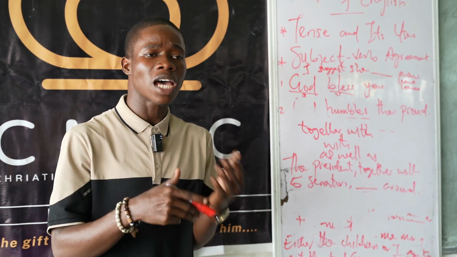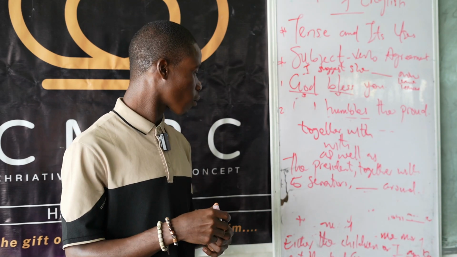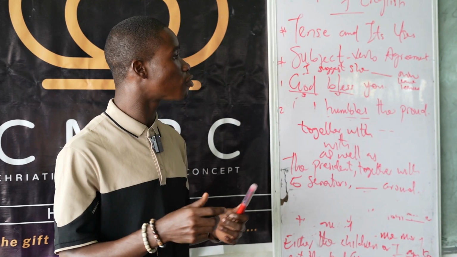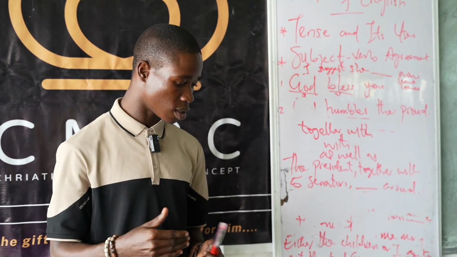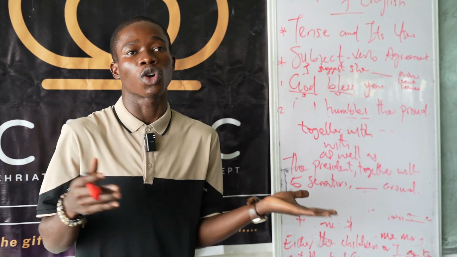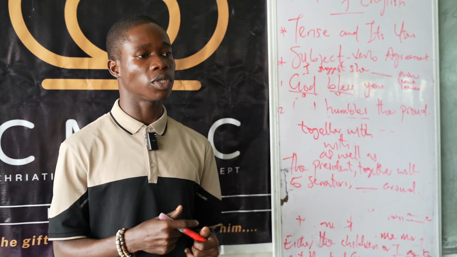Another aspect of this additional information is regarding the use of an article after another subject. Because we can have what we call a compound subject, that involves two subjects or two subject items.